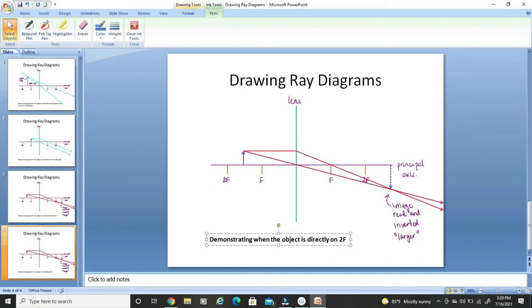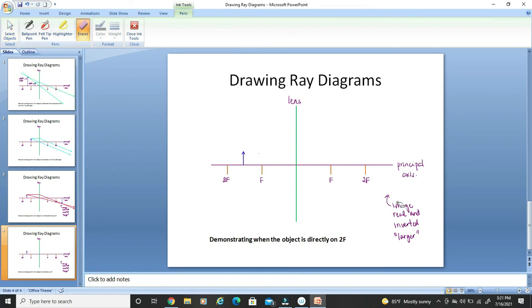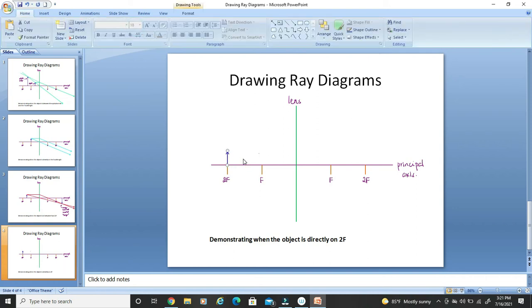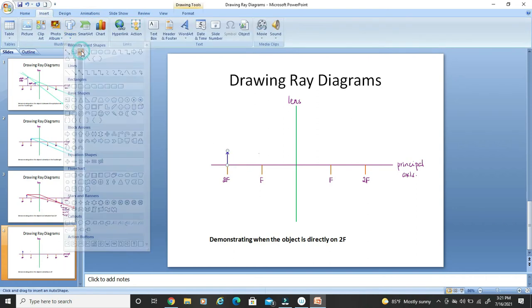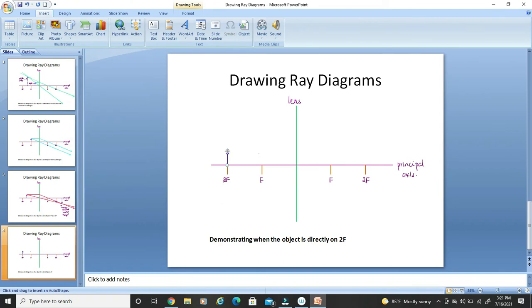Okay, so now we're going to place the object twice the focal length away from the lens. And again, we're going to draw two rays coming from the top of the object, passing through the lens. The first one will pass through the lens and then diagonally through the focal point.